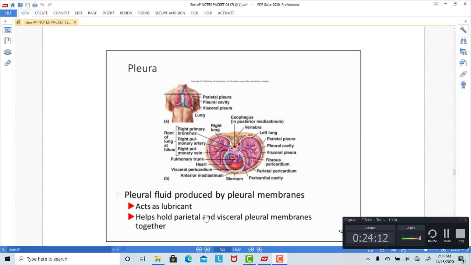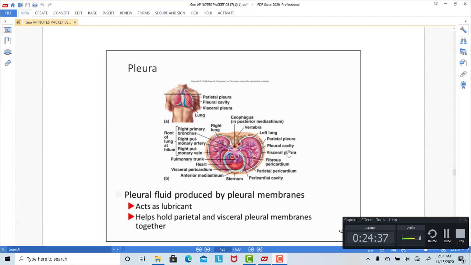So when we look at the anatomy of the lungs, we have two membranes that surround the lungs, and they're very important. One membrane covers the lung itself. That's the visceral pleura. You'll remember this maybe from our first week of class, when we talked about these different serous membranes in lab.